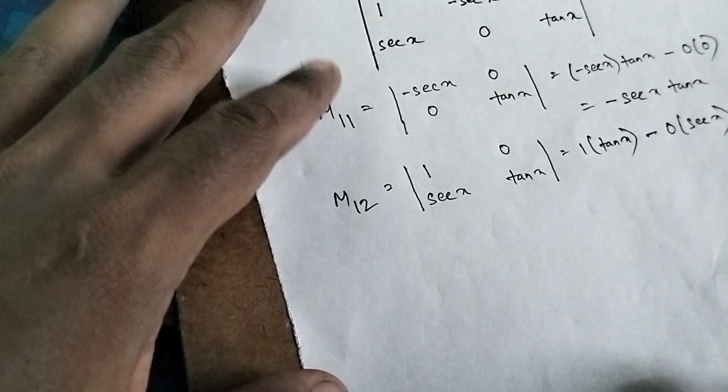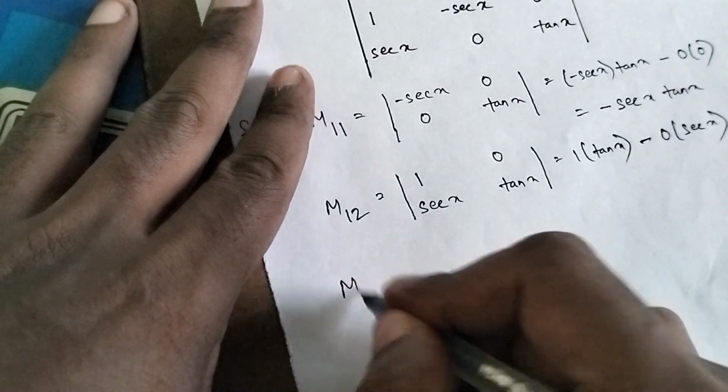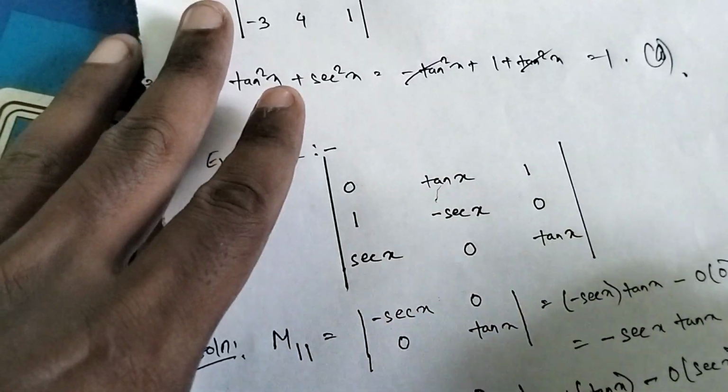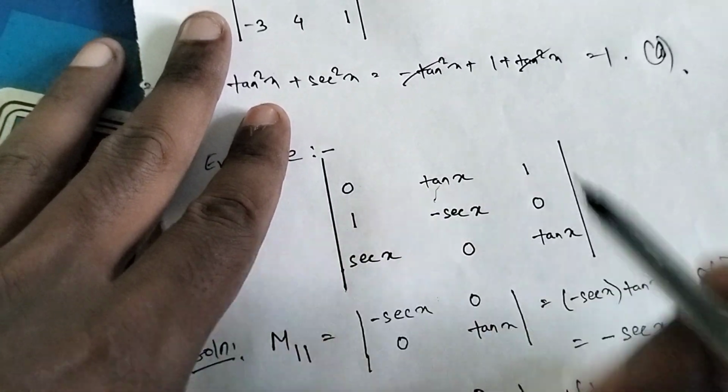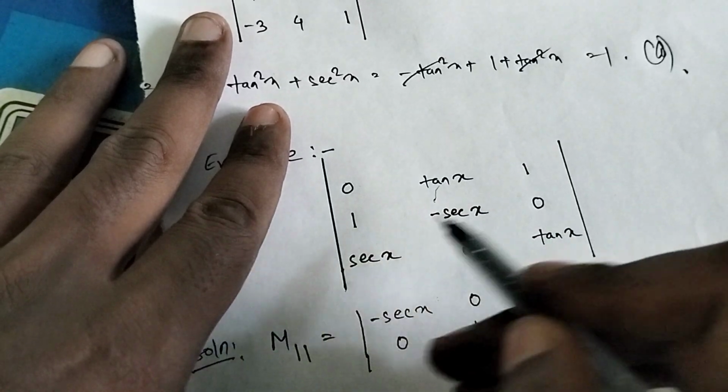Okay, so now we will find the minors of row 1 column 3. We can't take any element of this row and this column, so remaining is 1, sec x, minus sec x, 0.